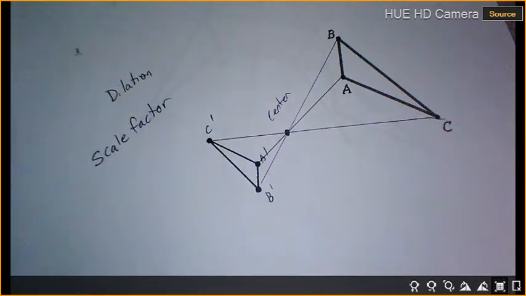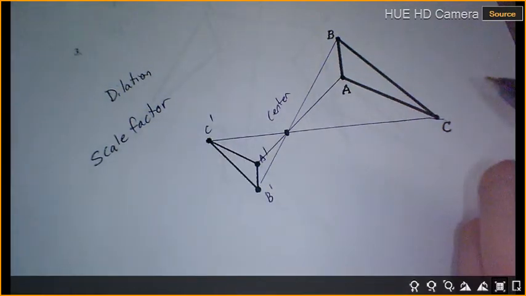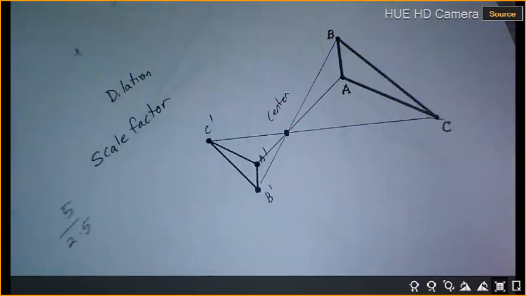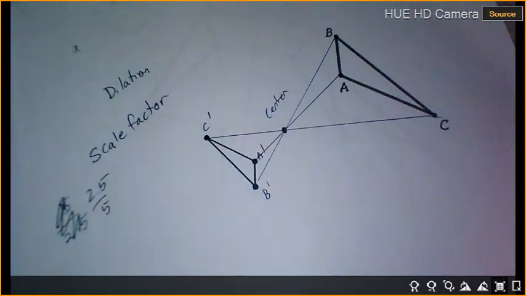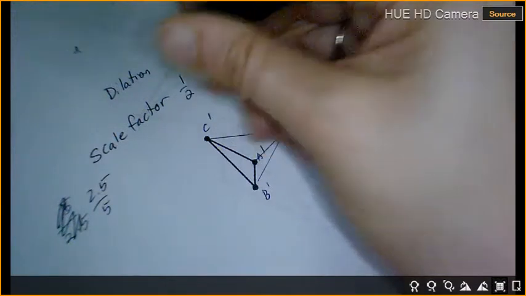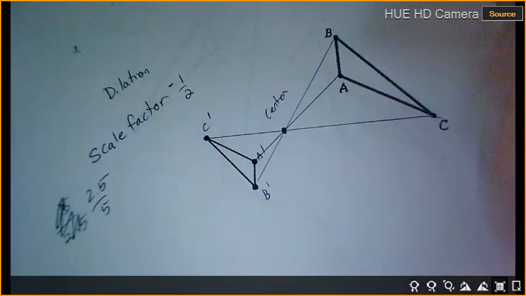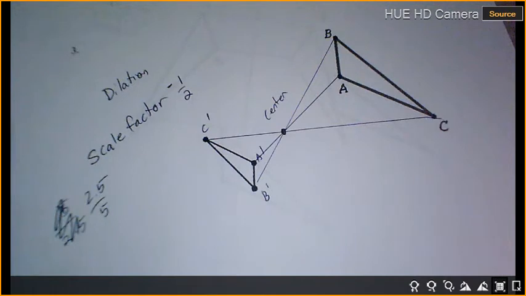So the scale factor is going to be what? What's 5 divided by 2.5? Or the other way around, 2.5 divided by 5. It's 1/2. And it's in the negative direction because it went down and to the left and it rotated or reflected.